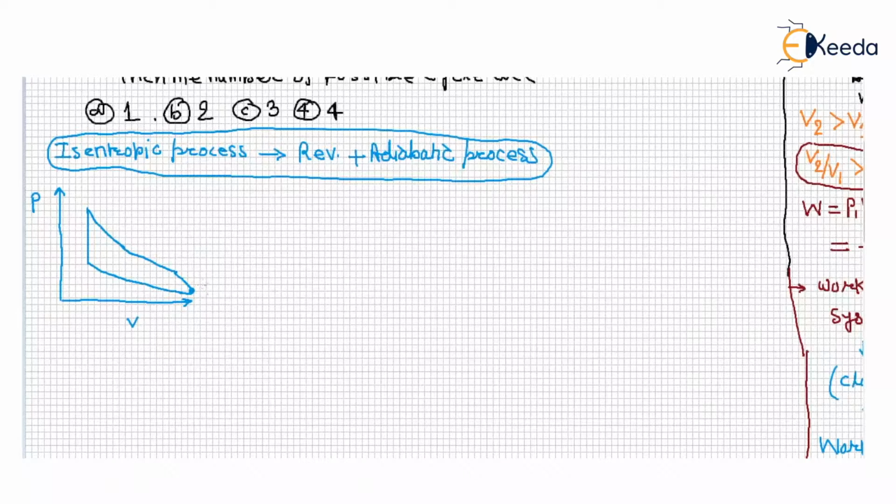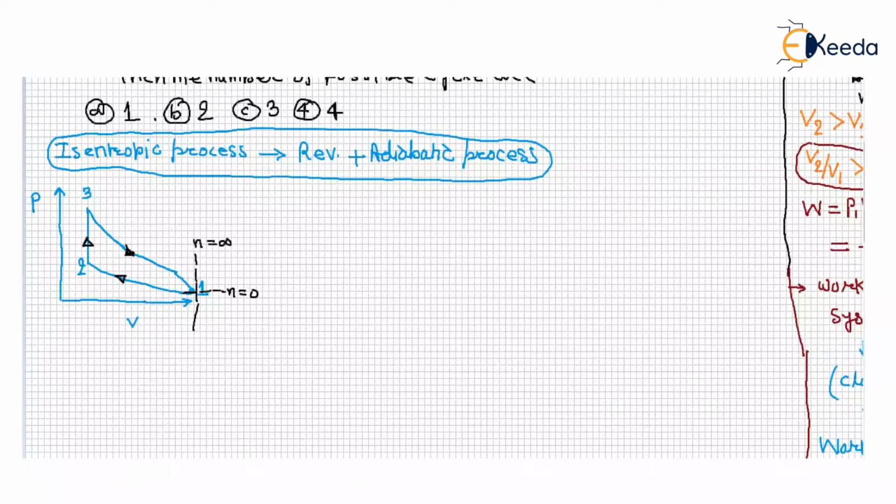Assume this is 1, 2, 3. This is your cycle. See, if you put a cross here, this is your n equal to 0, and this is your n equal to infinity.